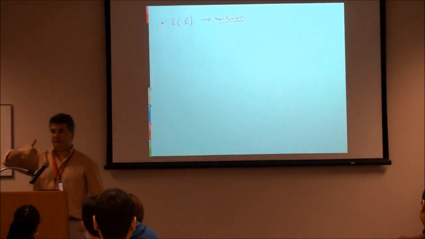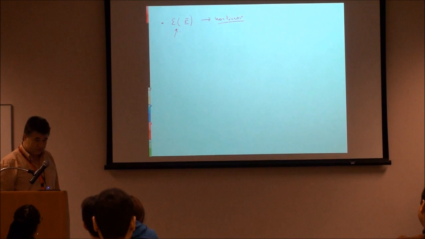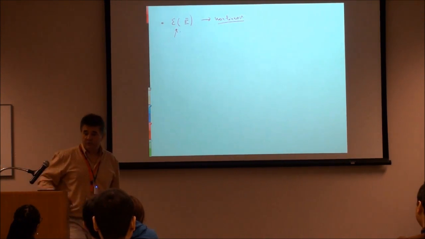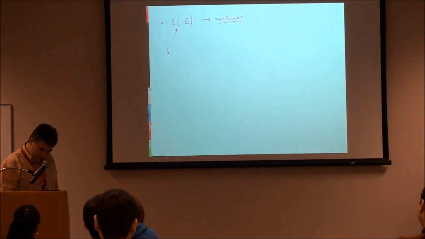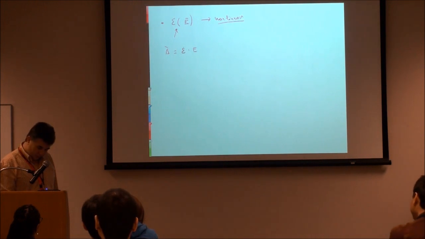That means the electric field goes up. Then my epsilon starts to change. Okay? So remember, we had D equals epsilon times E. And by the way, all nonlinear crystals are also anisotropic, but let's not worry about anisotropy for now. So this is the linear case.